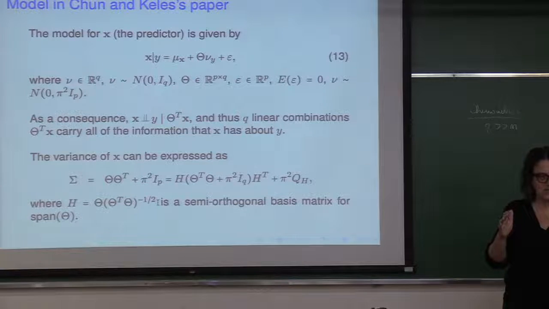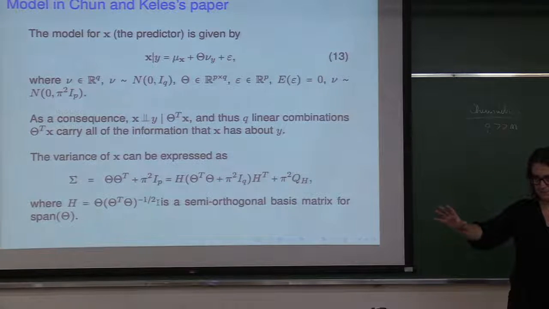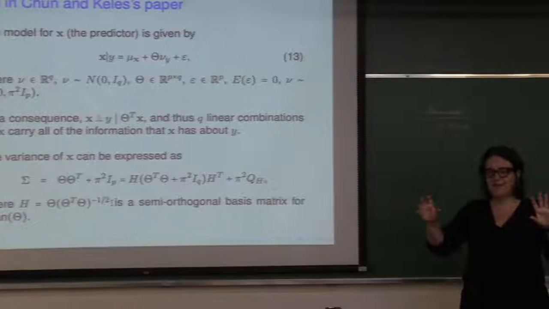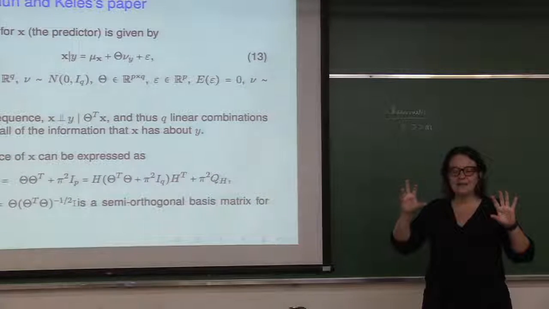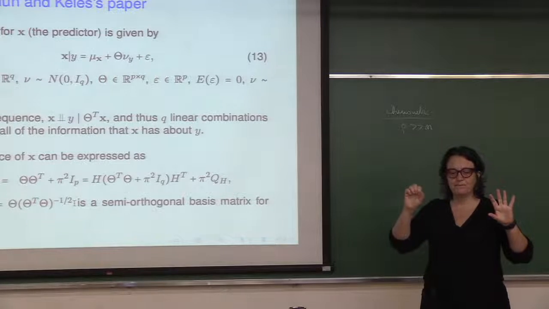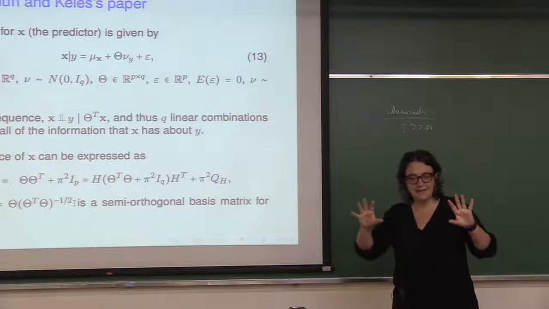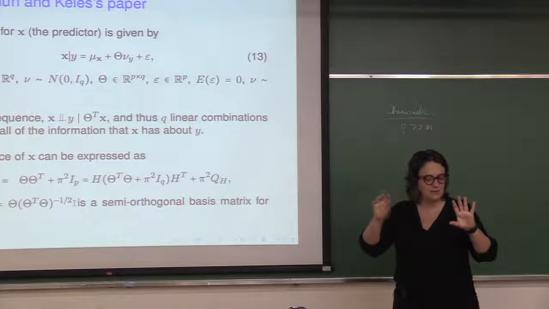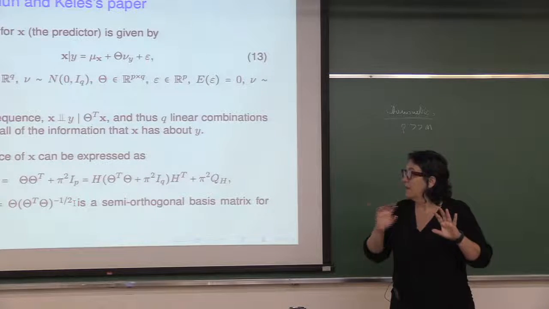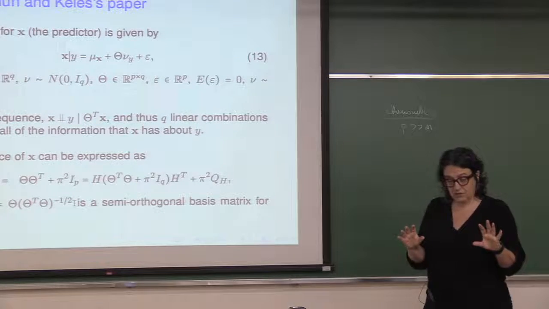Sufficient dimension reduction means you want to predict Y as a function of X, but instead of X, I want to take a linear combination, or something that tells me the same about Y. What is the information that I need in X in order to be able to predict Y? This is sufficient dimension reduction.